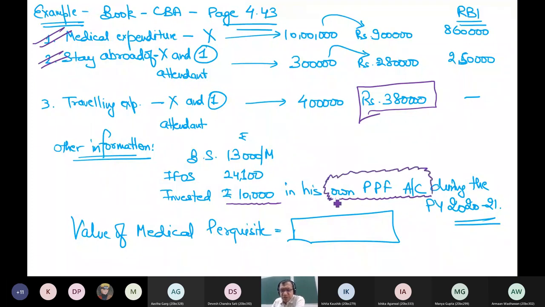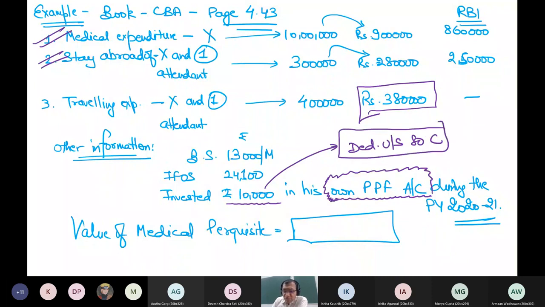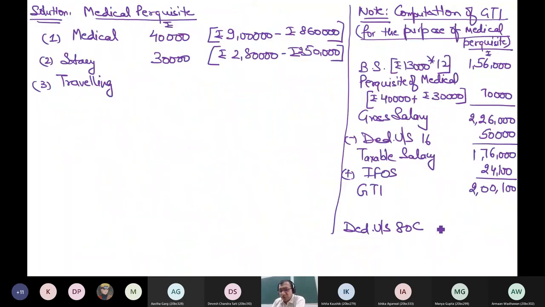Let us assume that the deduction under section 80C is 10,000. But will I deduct 10,000 when deriving gross total income for the purpose of medical? No, because then it will become total income and not gross total income.